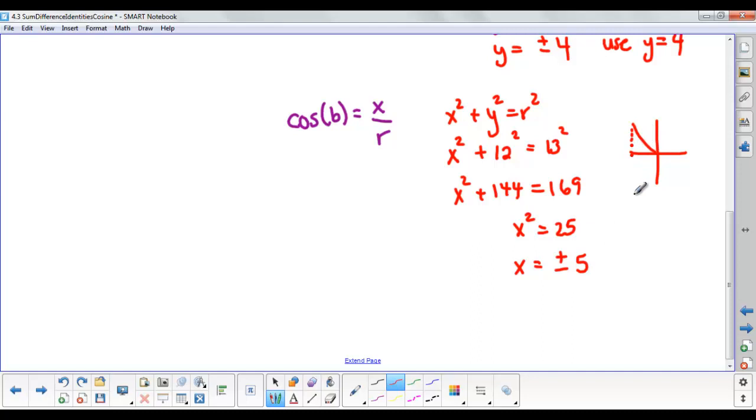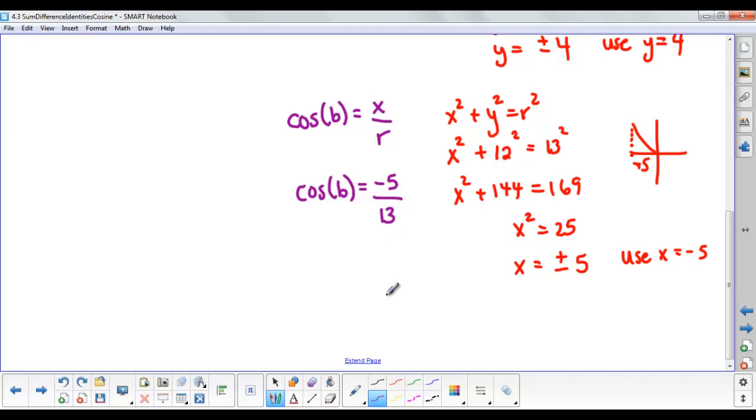We need to ask ourselves, is the x value in the second quadrant positive or negative? Well, if we went left along the x-axis, we would have a negative 5 here. So we will use x as negative 5. That tells us that cos of angle B is really negative 5 over 13.